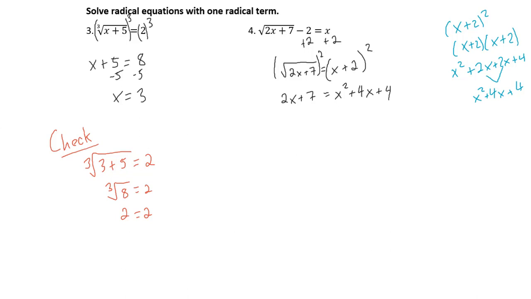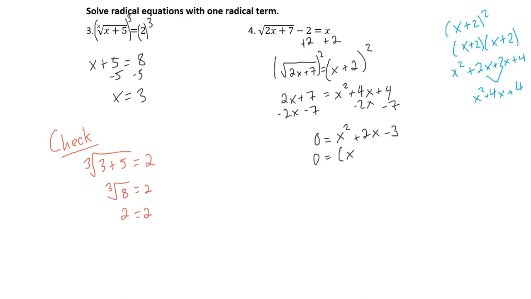All right, so this is a quadratic, so we need to zero out one side. So we're going to subtract 2x, subtract 7. We get 0 equals x squared plus 2x minus 3. And then we're going to solve that by factoring.